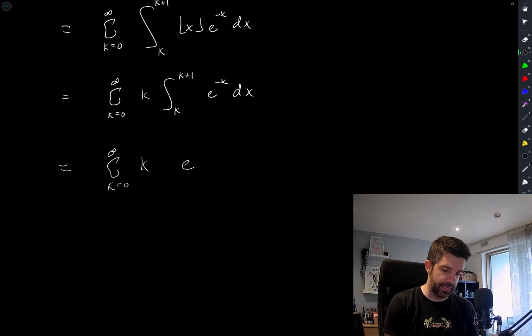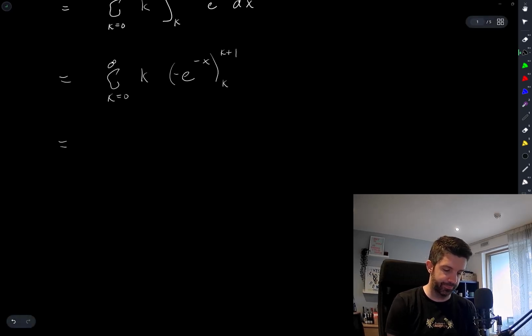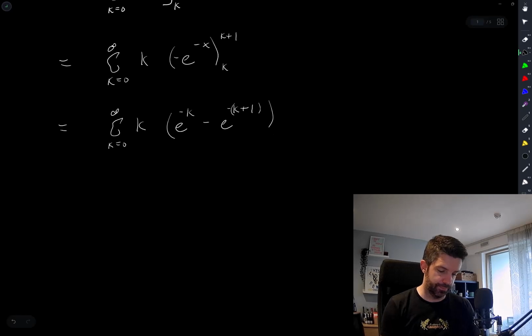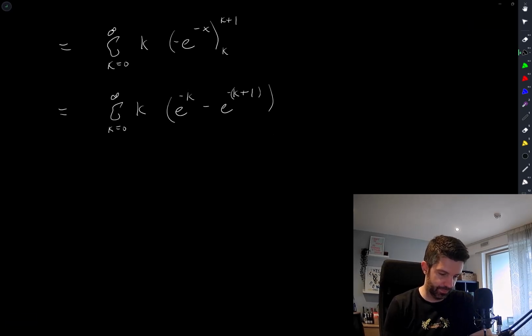So this is e to the negative x with a negative sign, evaluated at k and k plus 1. Which is e to the negative k minus e to the negative k plus 1. Oh, I've got some negative signs in here. I should be able to factor something out of here, right?